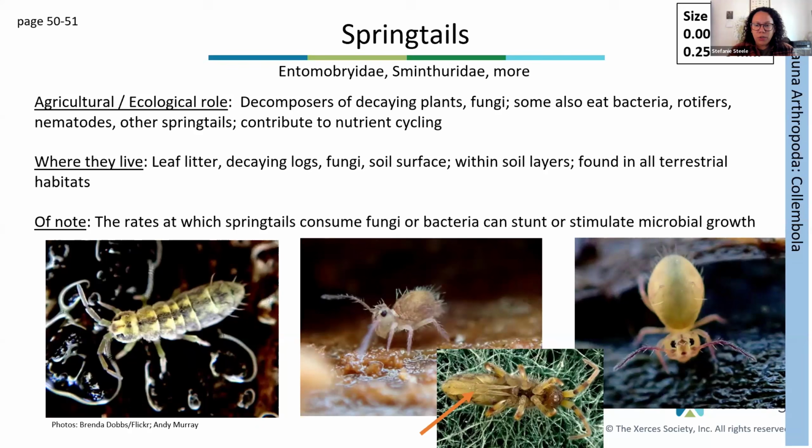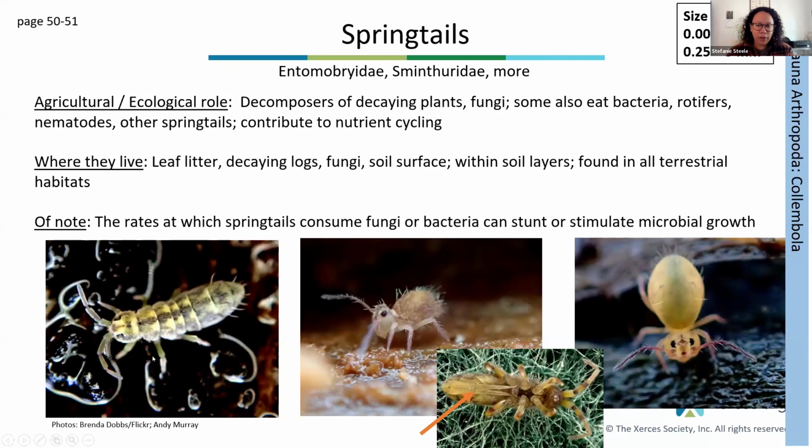Springtails do contribute to decomposition. They will also help with fragmenting plants and fungi. They can influence the soil microbe and fungi communities through their predation or feeding. Springtails are either globular, like we see here, or they could be elongated.